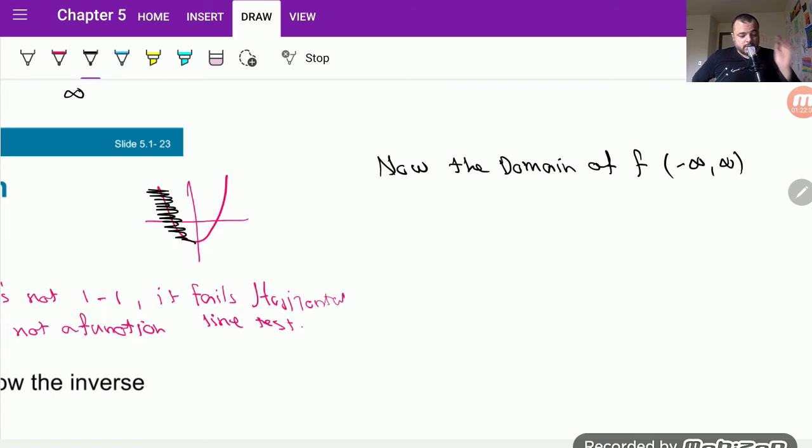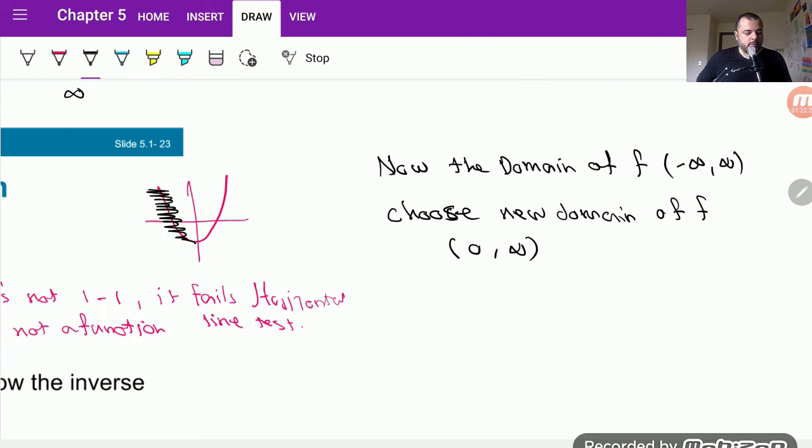I can restrict, so choose a new domain of f to be from where to where? From 0 to infinity.